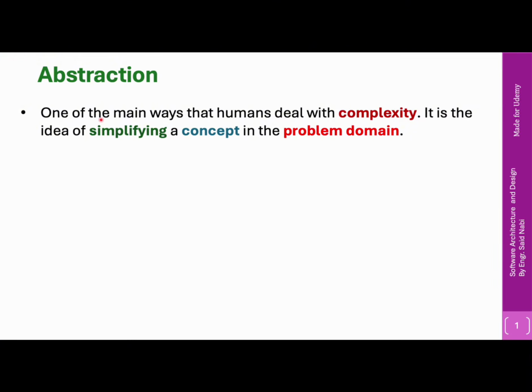So abstraction is one of the main ways that humans deal with complexity. For example, you are driving a car, so you do not need to know the internal working of the car, like how the engine works, how the steering mechanism works, or the hydraulics. You just need to know how to start the car by moving the key in the ignition, how to switch between gears, how to stop the car, and how to accelerate.